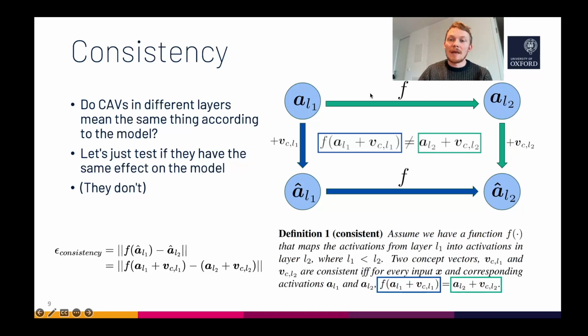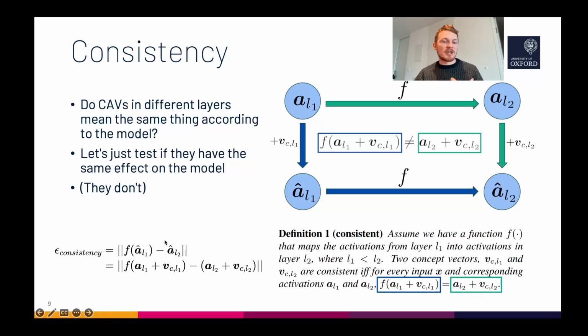Then, following the green path, we add the vector, the CAV that you created for layer L2, to get the perturbed activations in layer L2. What we wanted to know is, if you go down a different pathway, do you get the same perturbed activation? So if instead we add the vector in layer L1 and then move on to the next layer using F, do we get the same outcome no matter which pathway we go on?